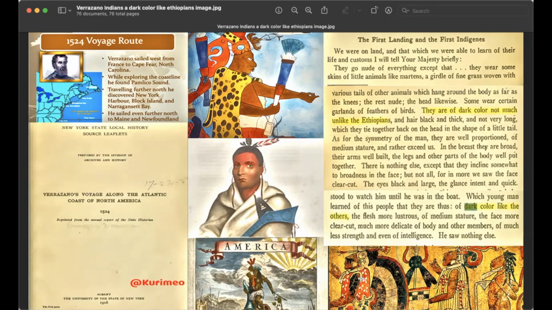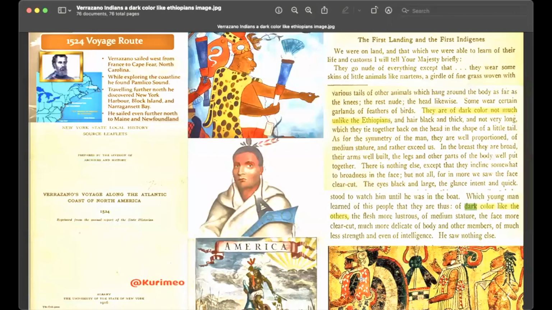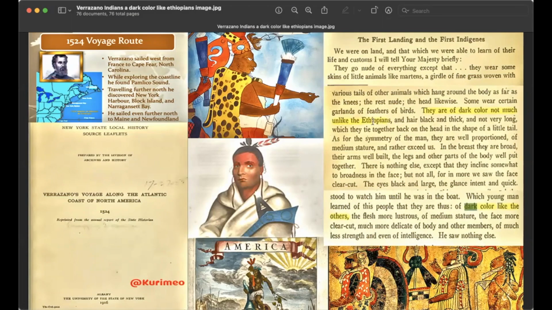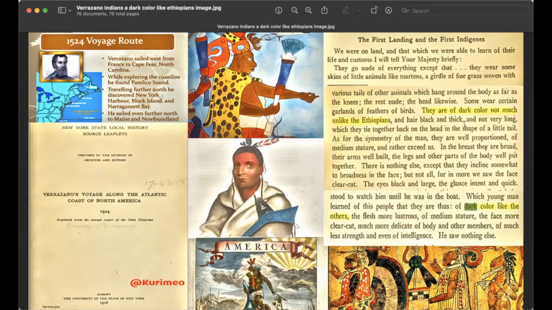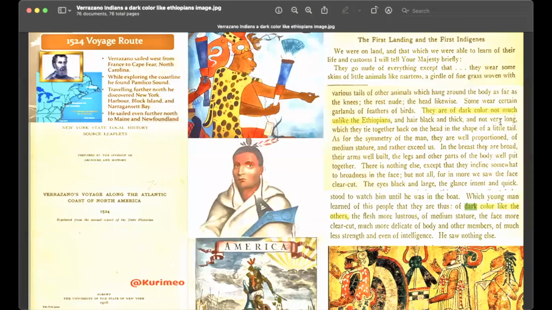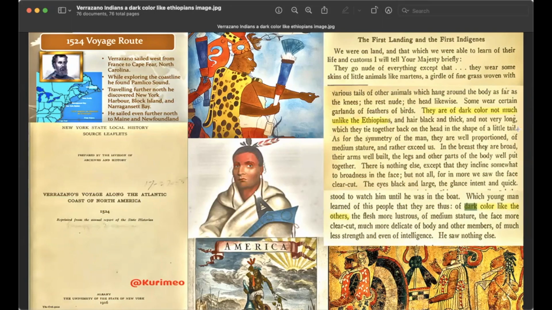And Verrazano clearly described when he saw the Indians he encountered, when they're calling Florida, could be the Southeast, anywhere there. There's somewhere certain garlands of feathers of birds. They are of dark color, not much unlike Ethiopians. That doesn't mean they are, this means unlike, meaning they are dark skinned like Ethiopians, and hair black and thick. Thick, not very long, which they tie together back on their head in the shape of a little tail.